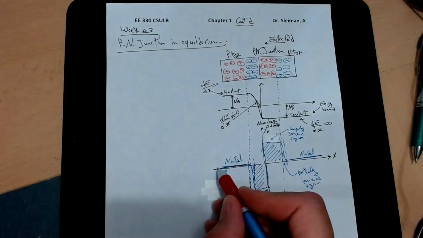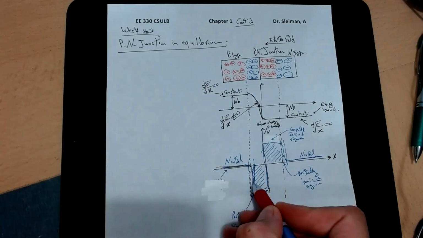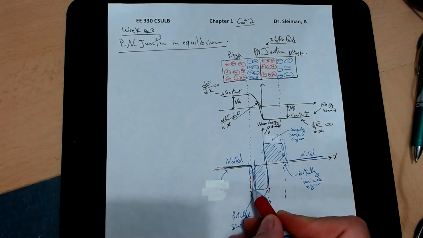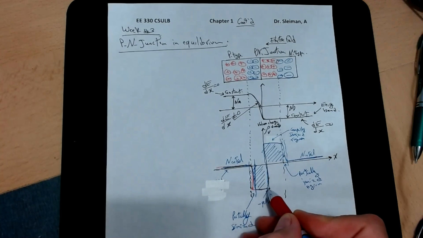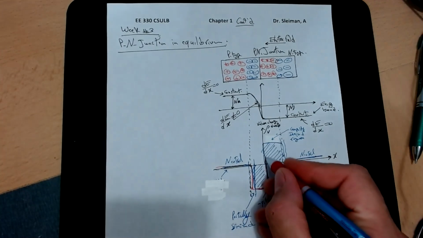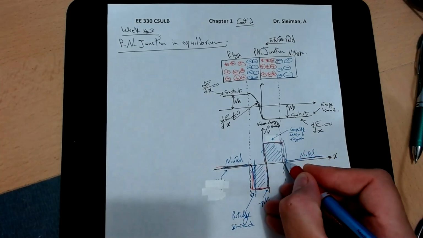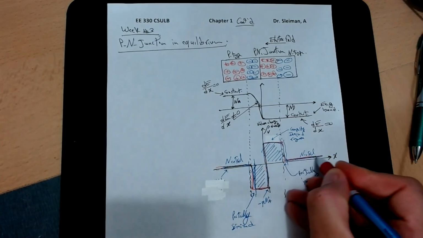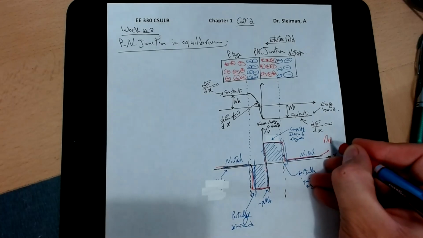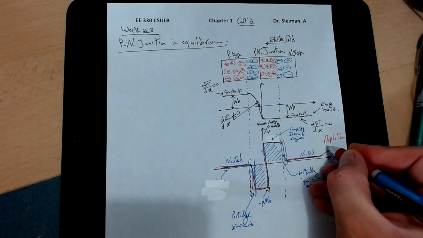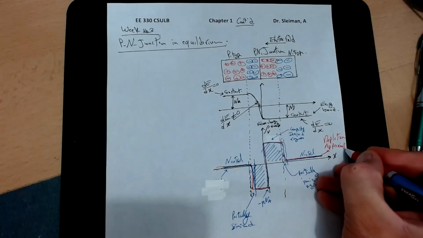So neutral right away goes down in a very straight line to completely ionized, then from completely ionized to neutral. So this is the depletion approximation.